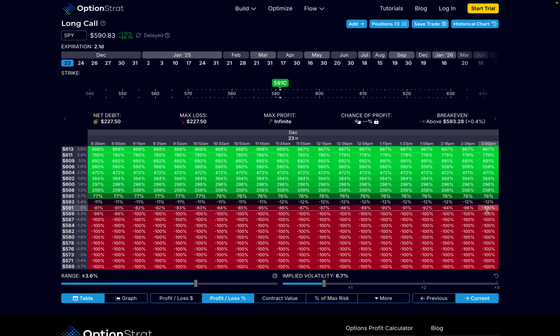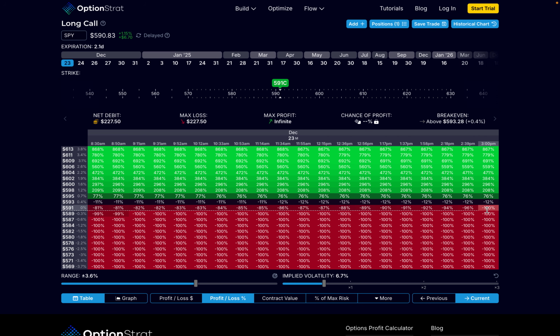So remember, theta decay increases the closer we get to the expiration date. And since this expires the same date, theta decay is the highest it's going to be, which means your option's going to lose a lot of premium very quickly just from time passing by.